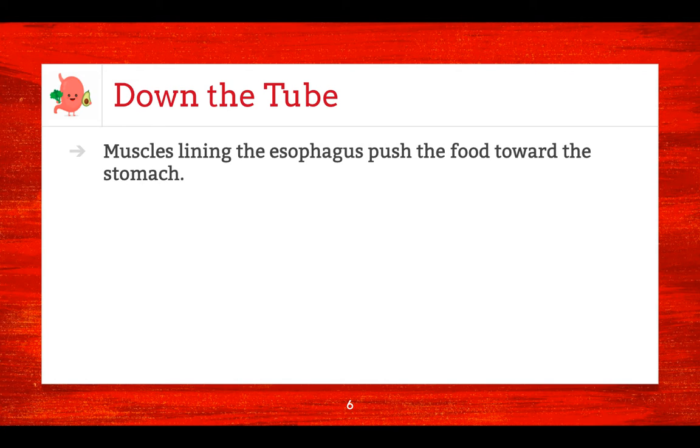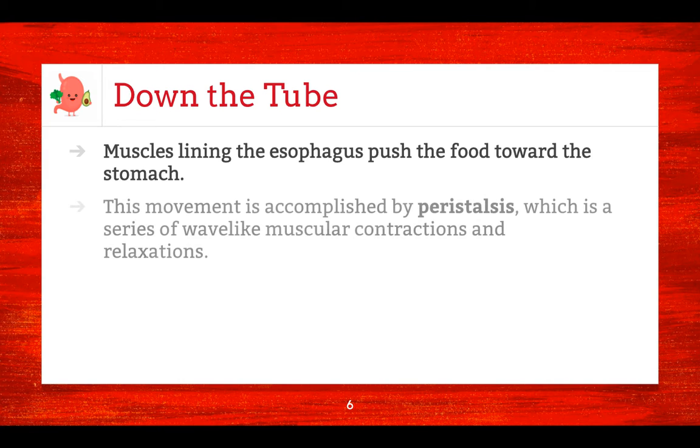So once the food has entered the esophagus, there are muscles that line the esophagus and they push the food toward the stomach. And this pushing is accomplished by something called peristalsis, which is a series of wavelike muscular contractions and relaxations.